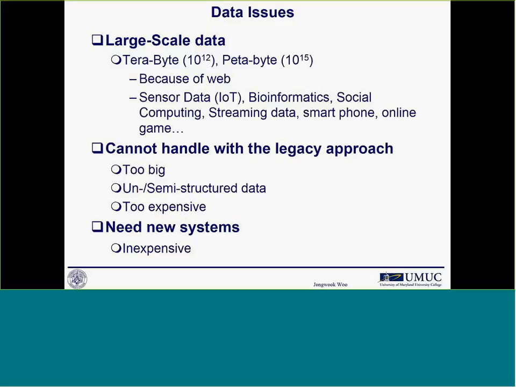Also, these data are mostly non-structured or semi-structured, which the relational database or data warehouse cannot handle because they are based on the table schema. And if you spend a lot of money, you can actually handle it with a relational database and data warehouse. However, you need to spend millions of dollars to find any insight from this data.